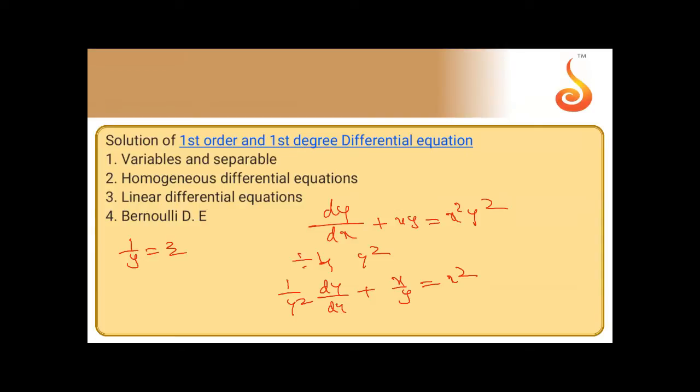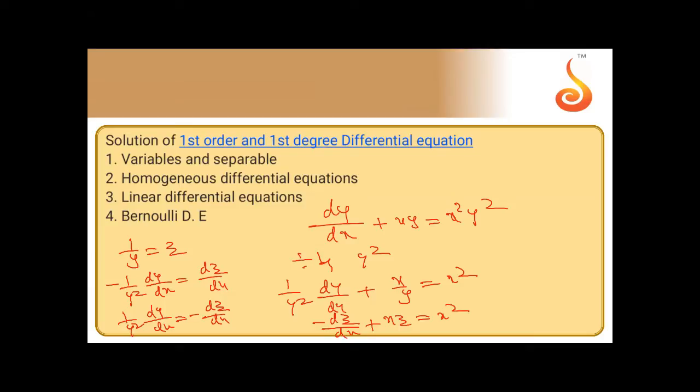Differentiate this one. The derivative of 1 by y is minus 1 by y square dy by dx, equal to dz by dx. That means 1 by y square dy by dx equal to minus dz by dx. So we get minus dz by dx plus xz equal to x square.